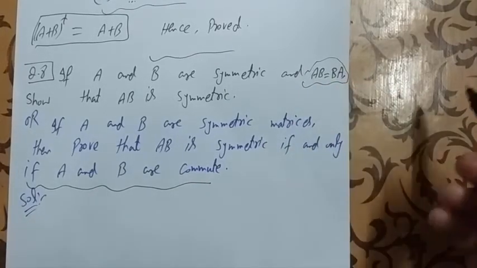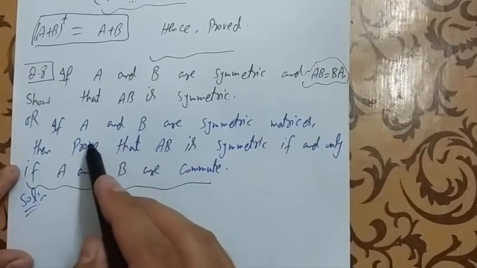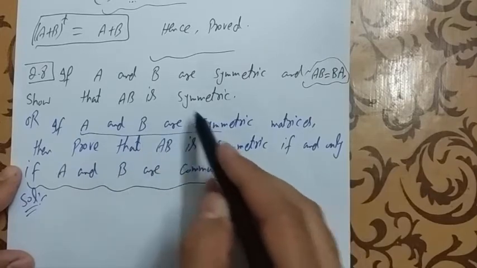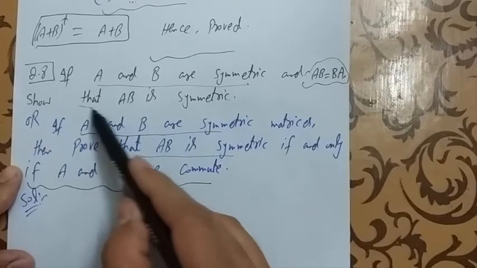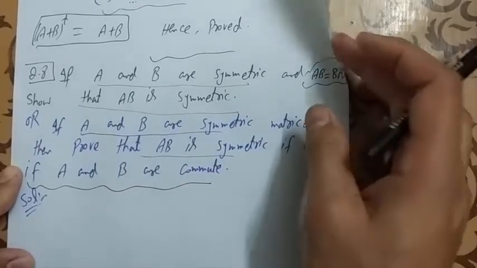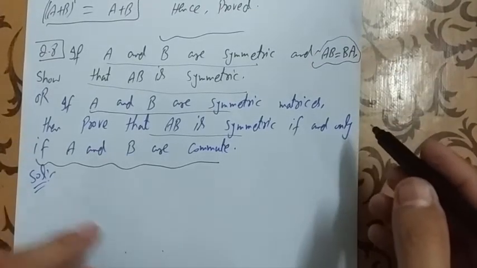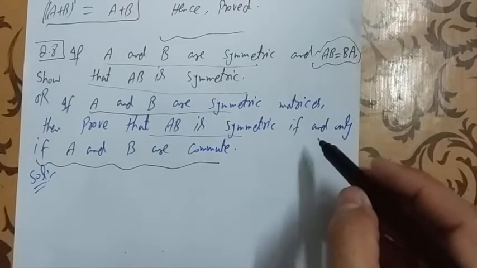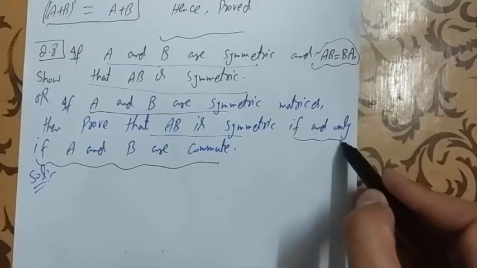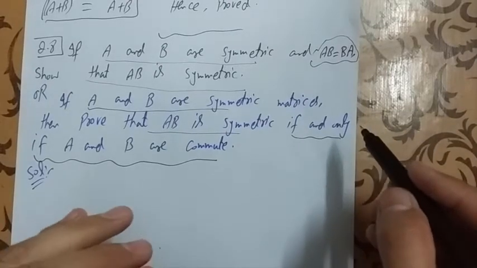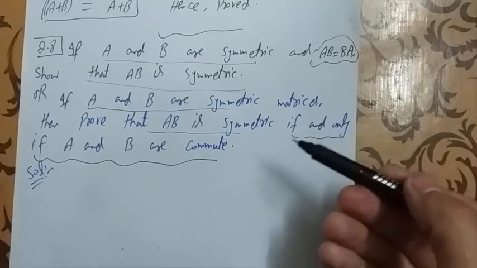Other than that, the questions are the same: A and B are symmetric, and prove that AB is symmetric. One thing is different in these two problems, which is the if and only if. We will solve the if and only if problem next.